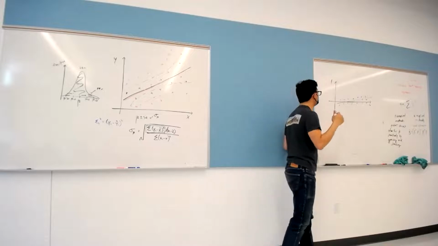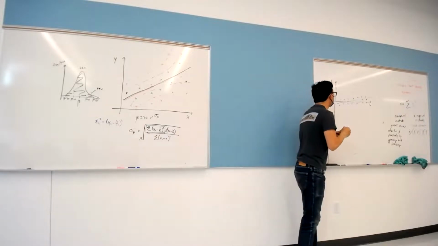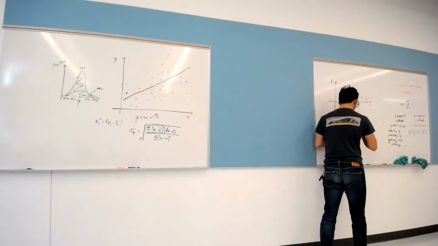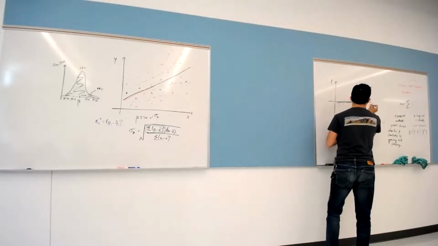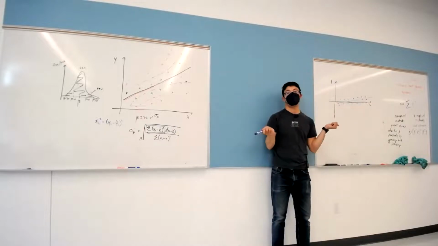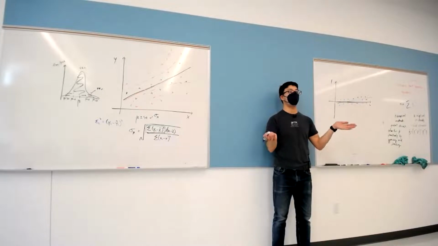So let me use a different color. Okay, if you have a slope of 0, what would we say about the relationship between x and y?